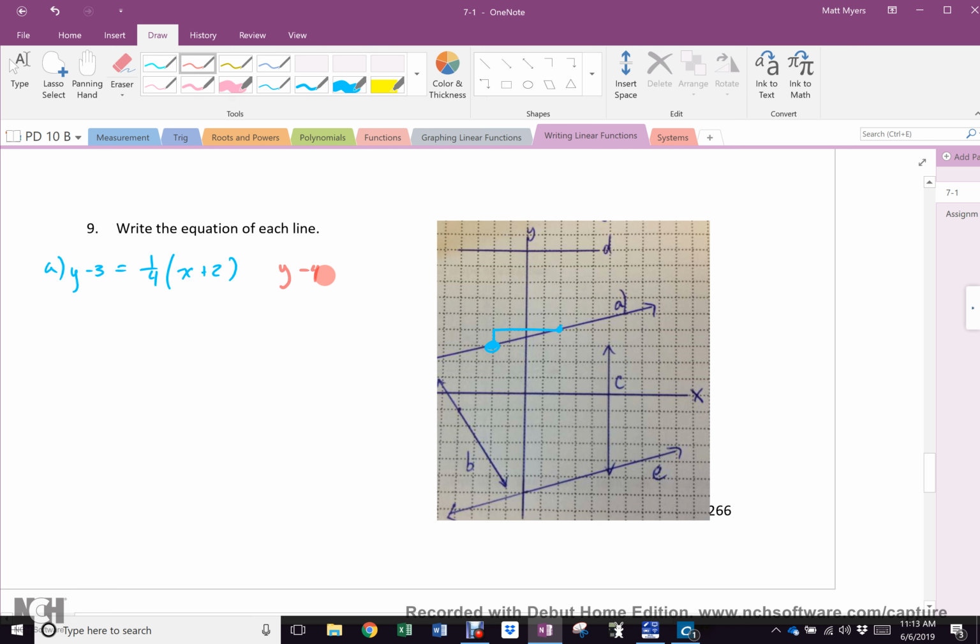Y minus 4 equals, you forgot the slope, 1/4 x minus 2. Both would be right. Who decides? You do.